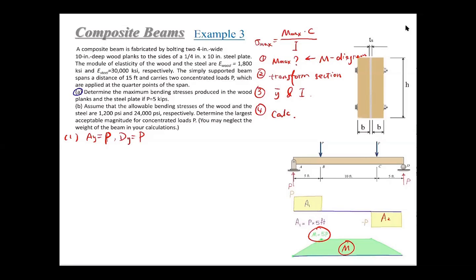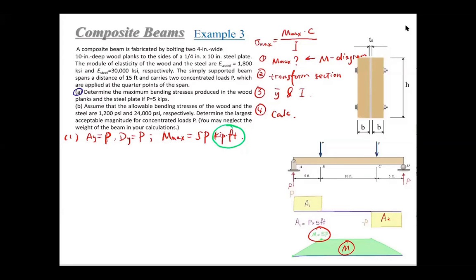So here we have determined that the maximum bending moment is 5P. Since we assume P is in kips, the unit will be kip-feet. This is very important, since we will need to use this unit later during the real calculations.